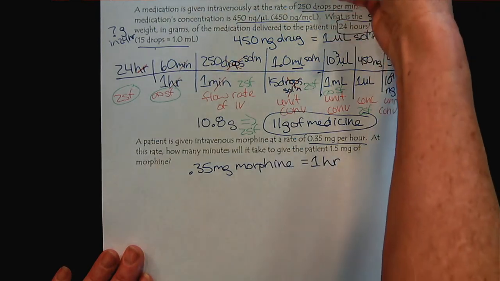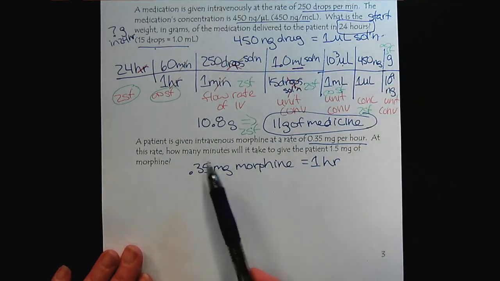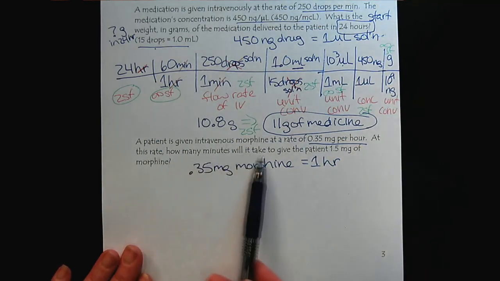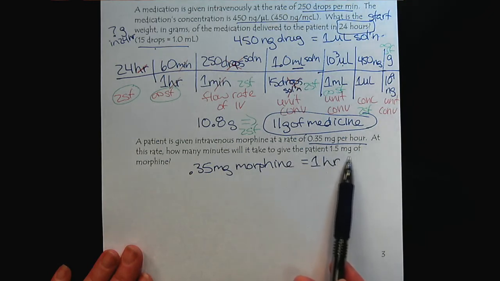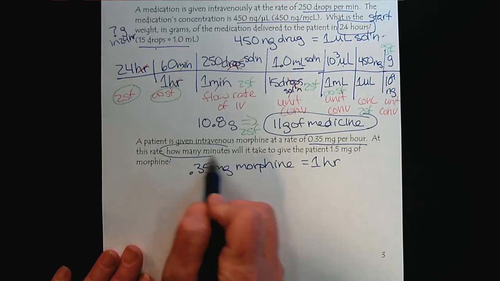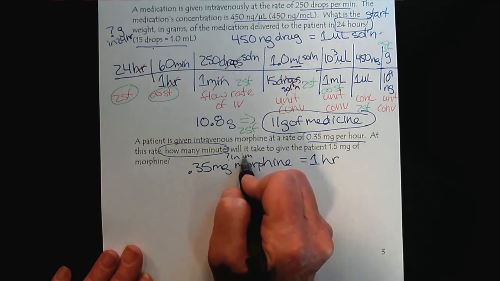Notice, it's a dosage per unit time. At this rate, how many minutes will it take to give the patient 1.5 milligrams of morphine? So we're being asked to determine a time in minutes.